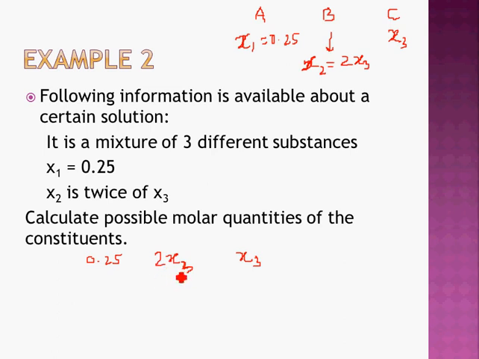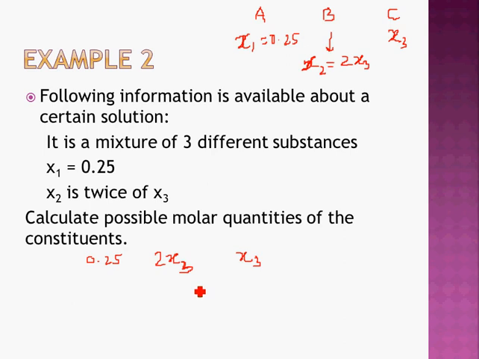But I still have X3 as a variable. So I have one variable now, which means I need only one equation to solve the problem. Now where do I get that equation from? There is no further information available in the question, so what do I do?